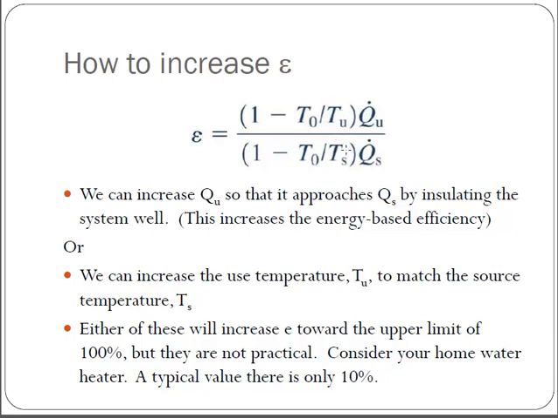I would like this to be as close to TS as possible. The closer I can drive this to the temperature of my source, the better use of my energy I will have. Now, I'm not going to ever actually achieve either one of these things, but that is a goal as far as use of resources and working towards a goal of making a better world.